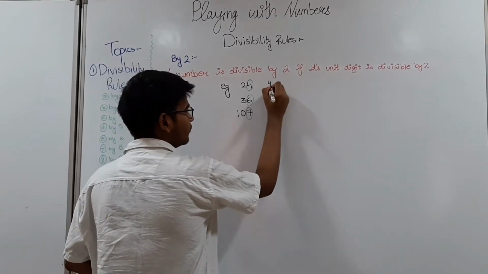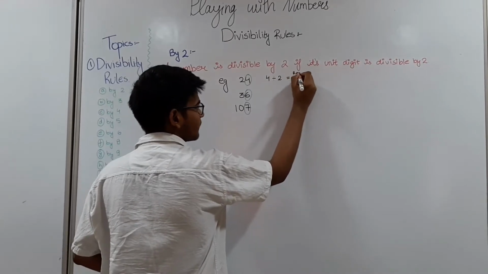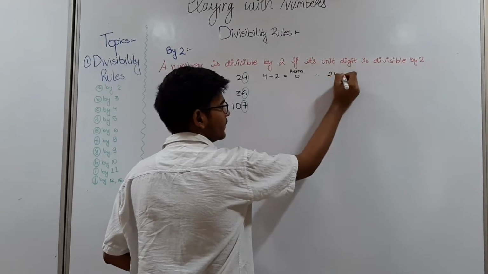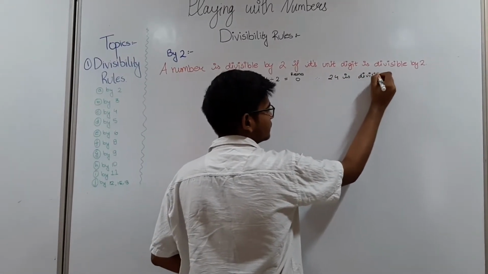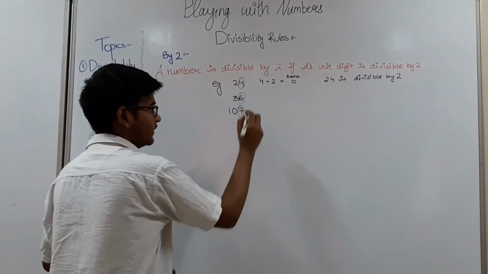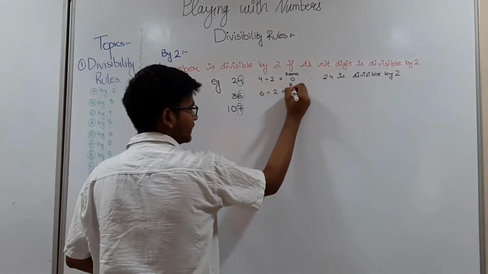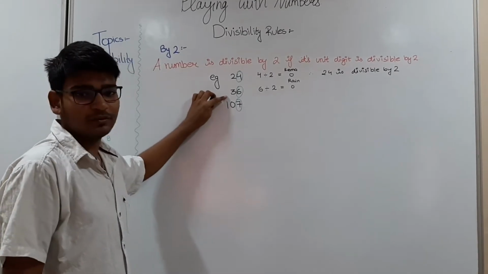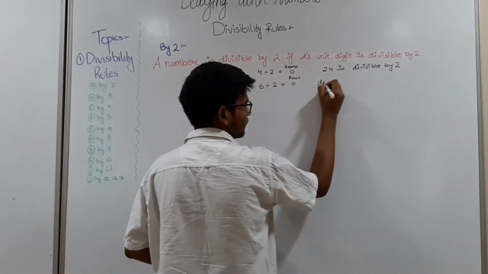Since 4 divided by 2 leaves remainder 0, therefore 24 is divisible by 2. Similarly, 6 divided by 2 leaves remainder 0. Therefore, 36, whose unit digit is 6, is divisible by 2.